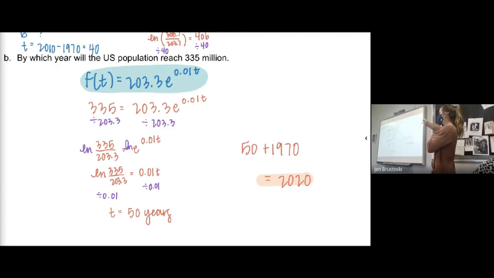Of course, we know that our equations aren't perfect, but give or take a few million, it's pretty close to the real thing. They do change that equation every so often. They come up with a rate of growth, and it changes so that we can have a more accurate depiction, but they do change it pretty often.